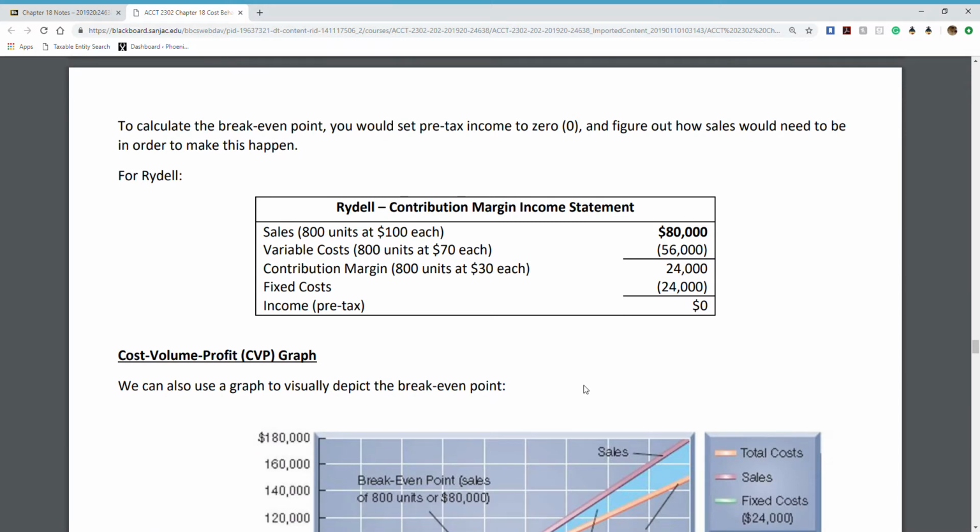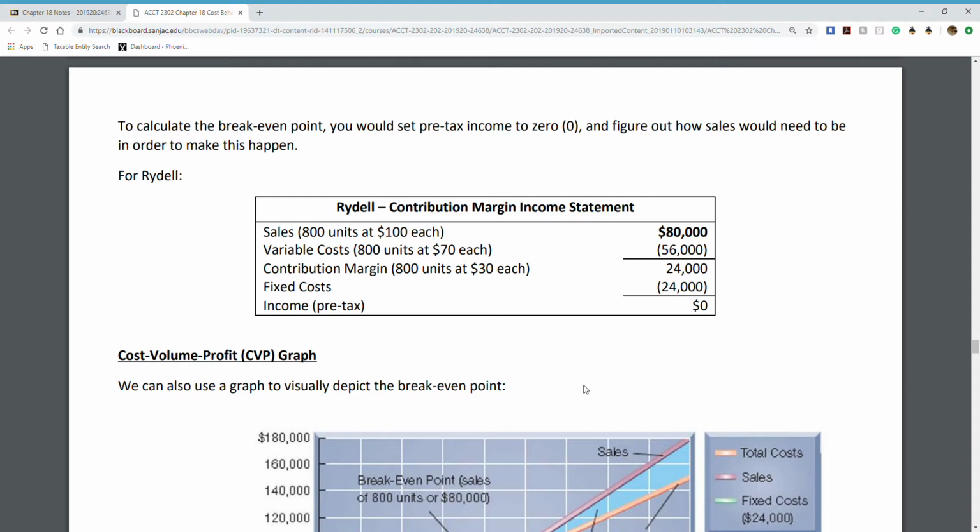So when we calculate the break even, if we know all this, and basically we just want to make sure it's zero, this helps it out. We take the 800 and times it by each of the costs. Well, 800 times 100 is 80,000. 800 times 70 is 56,000, minus the fixed cost will be 24,000.